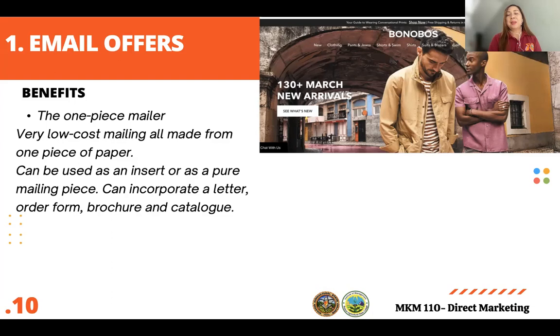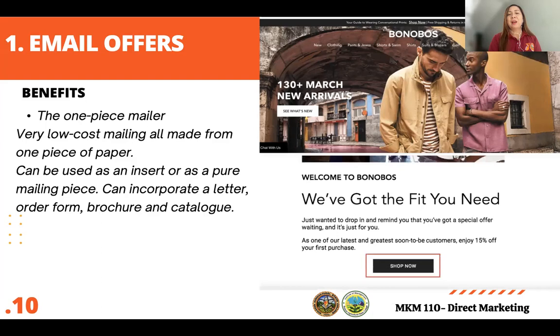In this example with Bonobos, this is the website they have. In the picture below, a pop-up appears once you click the link that was sent via email. Nandun pa rin yung promo nila, 15% on your first purchase.